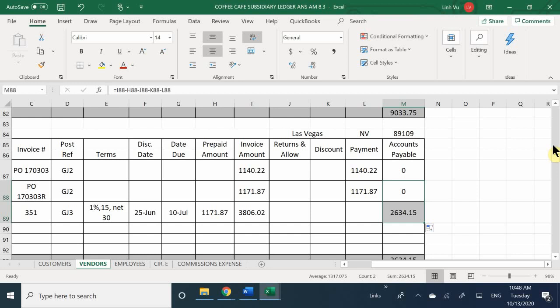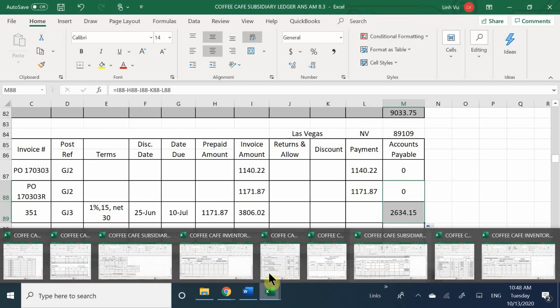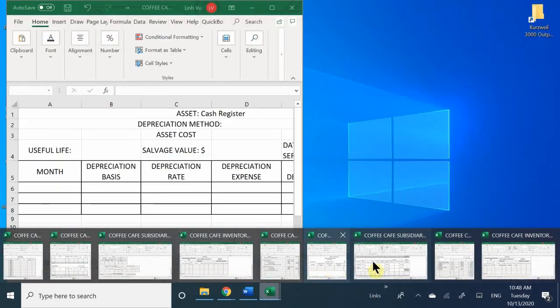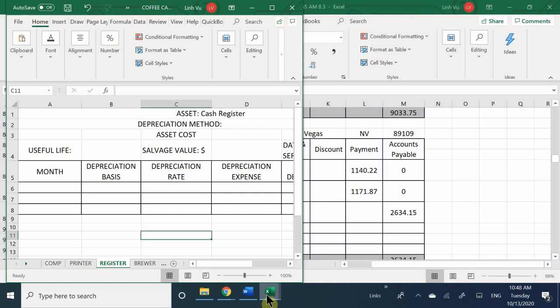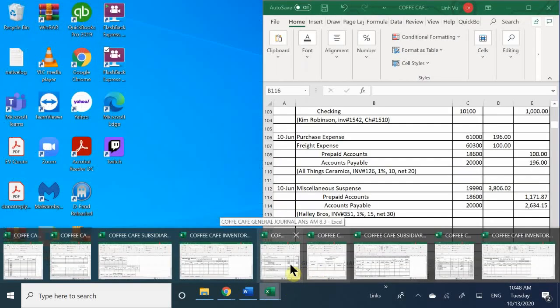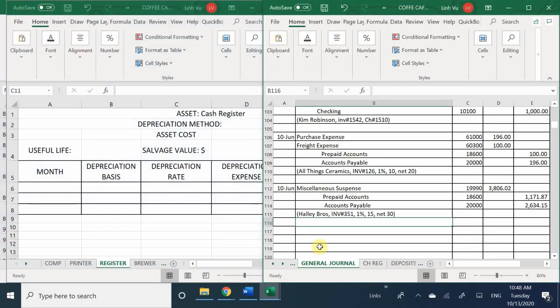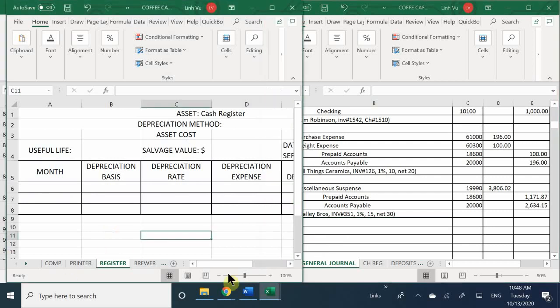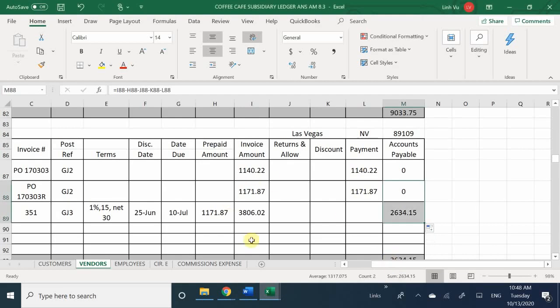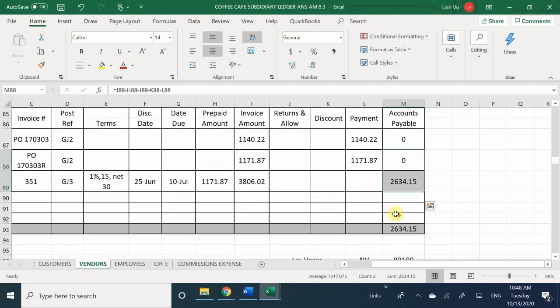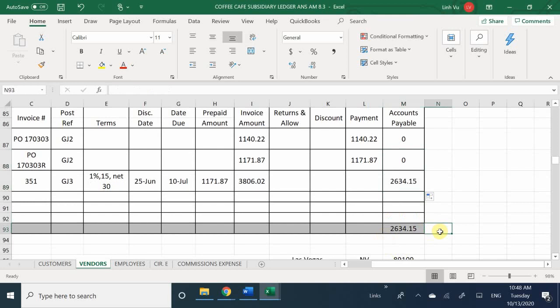All right. Can we confirm that with our journal and our ledger? Okay. 1171. Yep. Okay, so good. So back to my ledger. That is how much I owe, and that's my grand total that I owe to Haley Bros, whatever you want to call it.